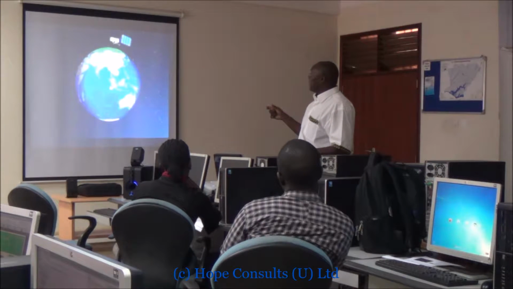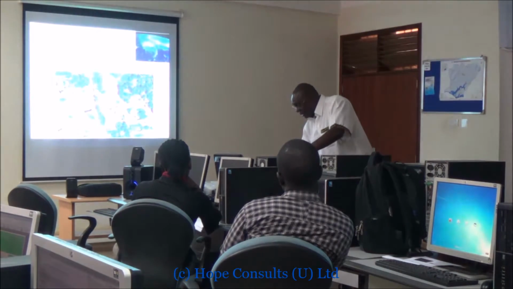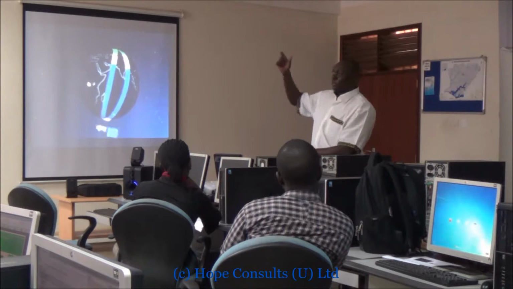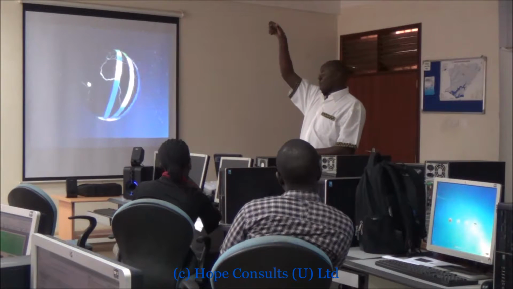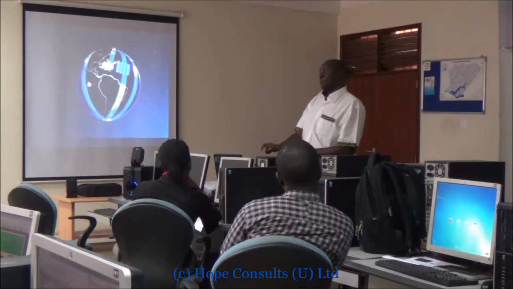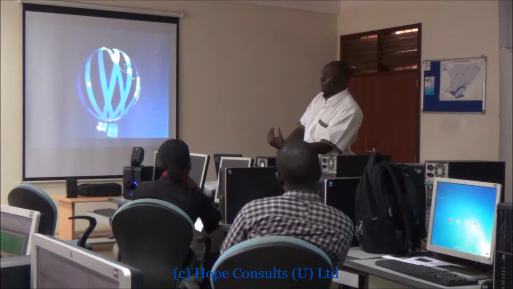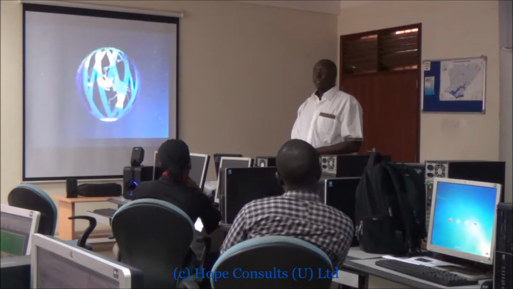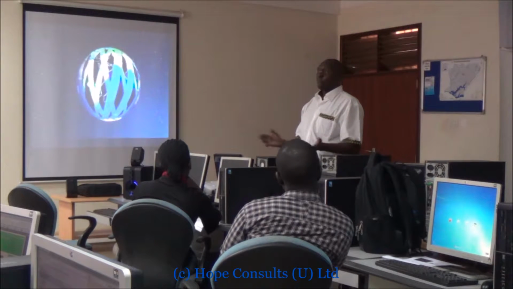What they do is they have a sensor that in the morning comes from the north to the south. Then in the afternoon, there's another one from south to the north. So in places like the equator, it means that you'll have coverage twice a day.